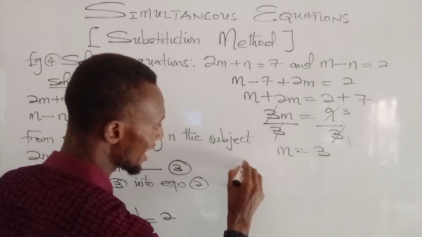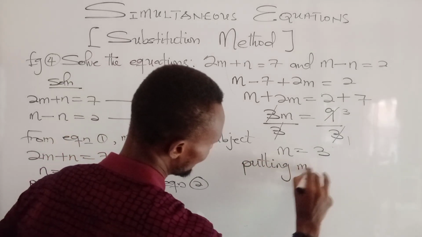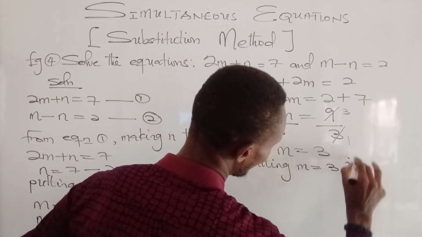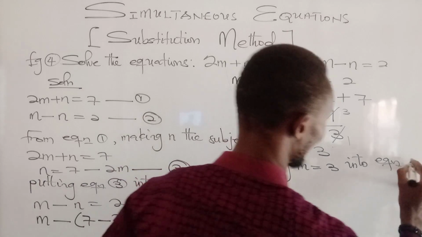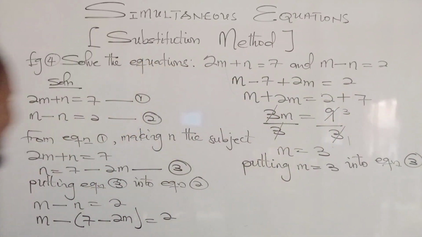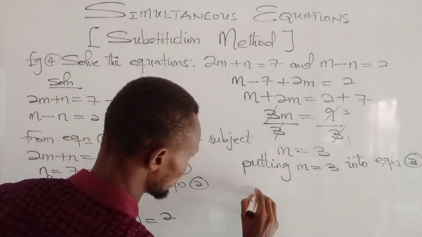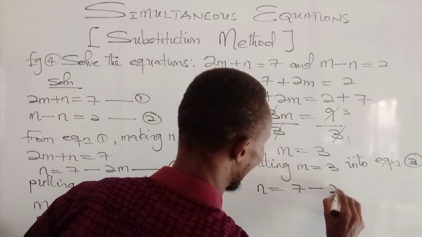So I'll write: putting m equals 3 into equation 3. I hope you understand and you agree up to this point. Equation 3 is given as n equals 7 minus 2m.